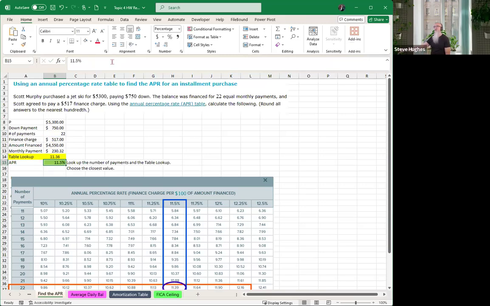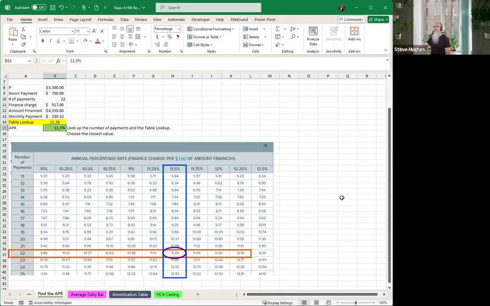Once I've done that, I'm going to scroll down, and I've highlighted it for you guys. Notice I don't have an exact 11.36. The closest one is 11.39. So that would be the intersection of the 22 payments circled in red, and the 11.39, which is 11.5%, circled in blue.